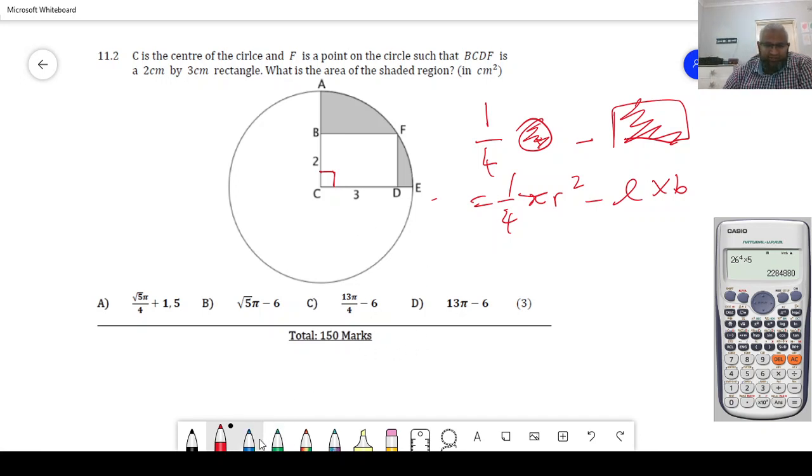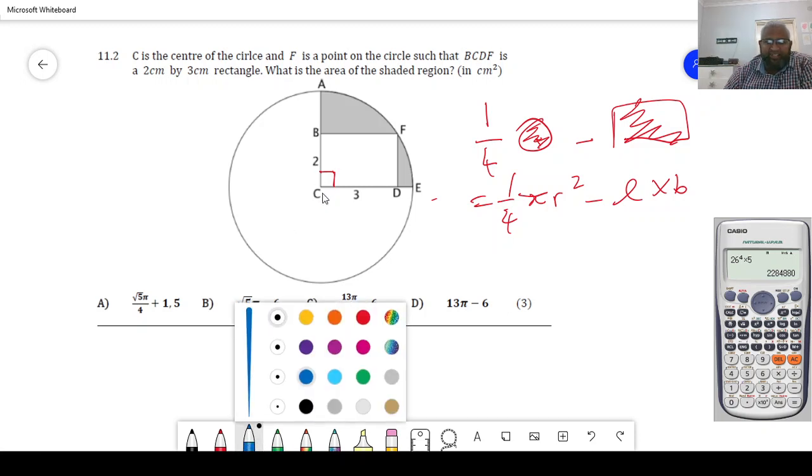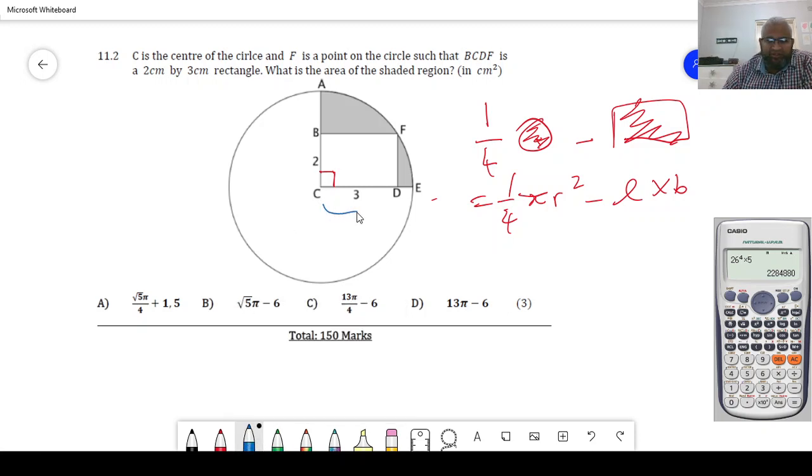If you look at this, the radius can be from center to circumference. However, we know from center to circumference is also a radius. Can you see that?